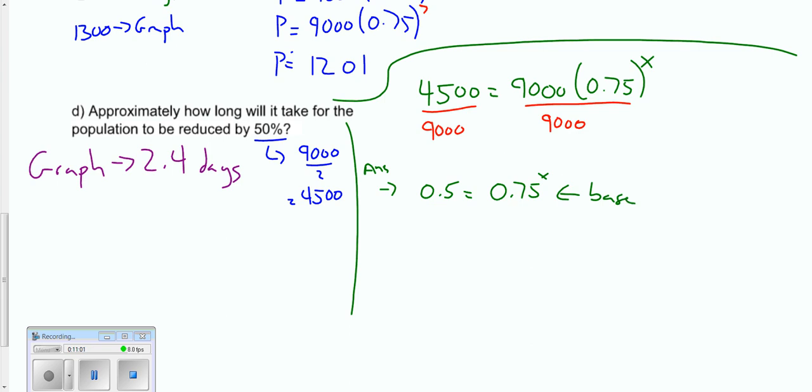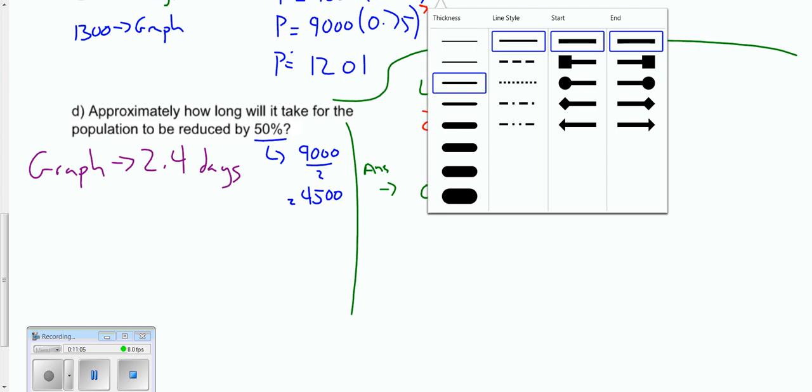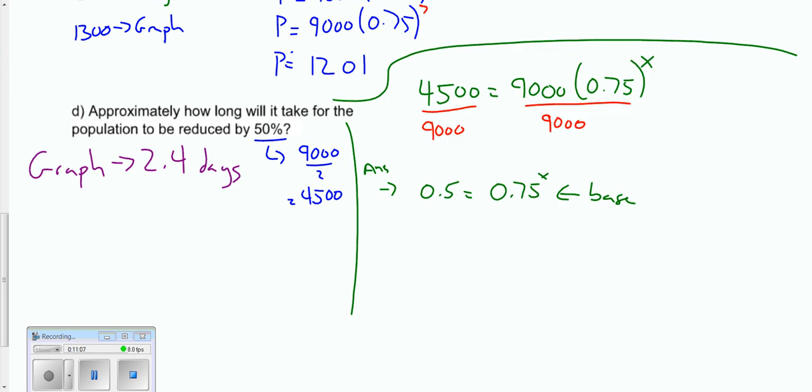Okay, so in order to use the logarithm, I'm going to change colors for this. I need to do the log of my answer divided by the log of my base is going to equal my unknown exponent.